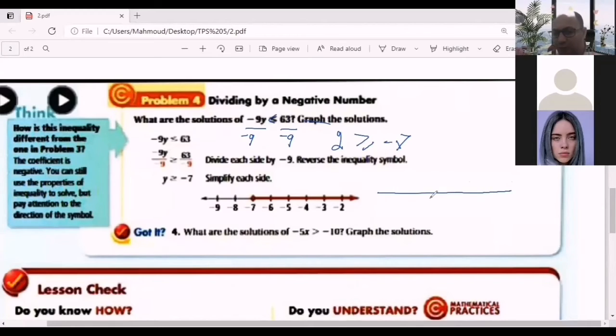We can draw a number line. What does it mean that y is greater than or equal to -7? Will the sketch go right or left? We talked before that when I see greater than, it will be to the right of the number. And we have a closed circle here because we have equal in this inequality.